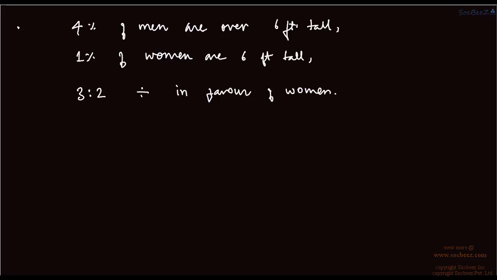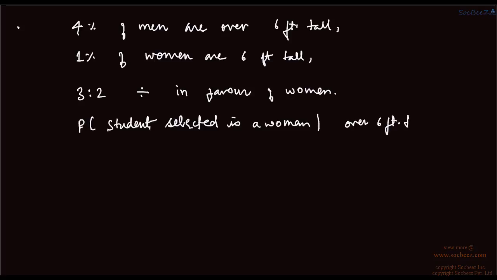Then if a student is selected at random from amongst all those over 6 feet tall, what is the probability that the student is a woman? So we need the probability that a student selected is a woman, given that the selected student is over 6 feet tall. You have to calculate this.